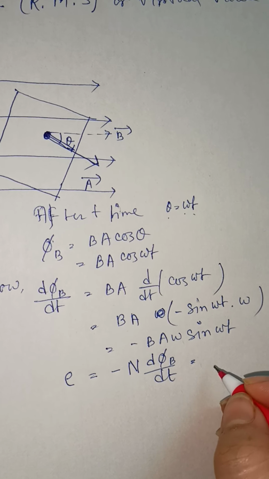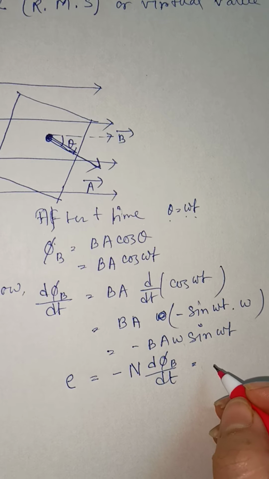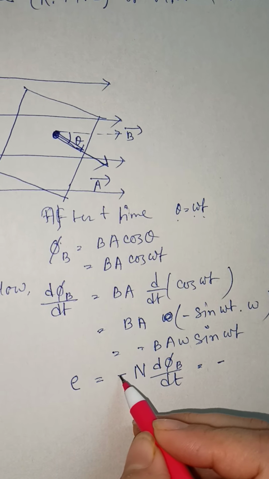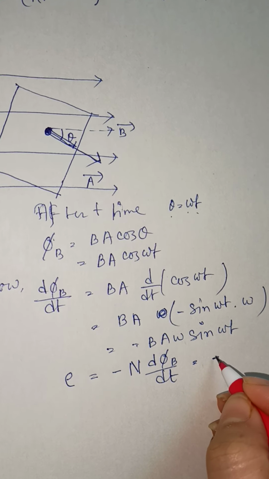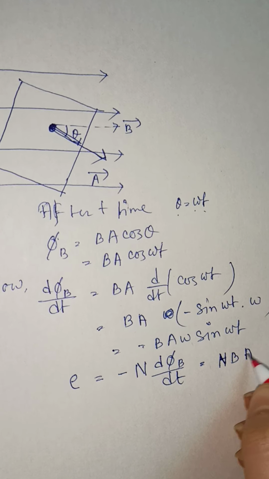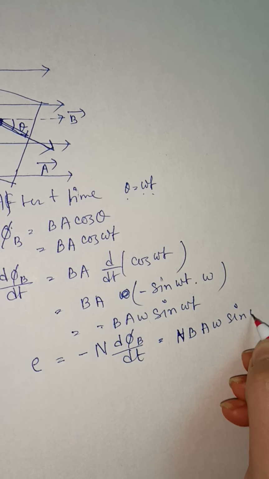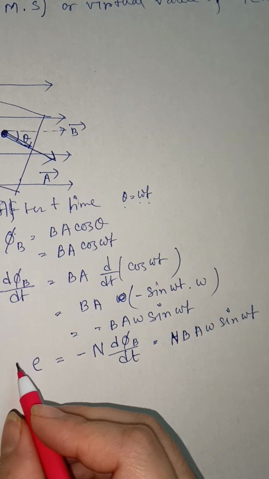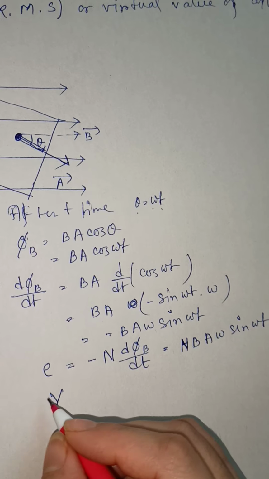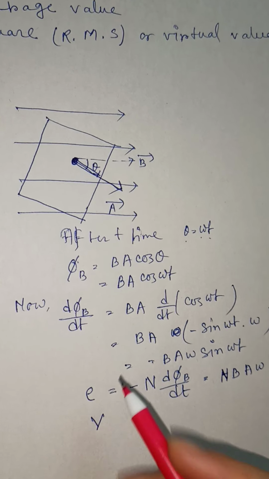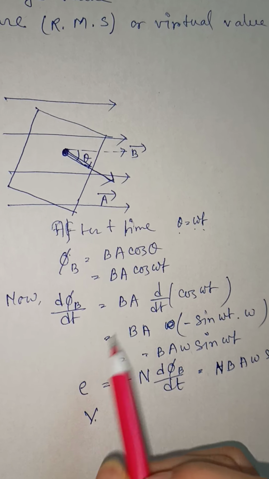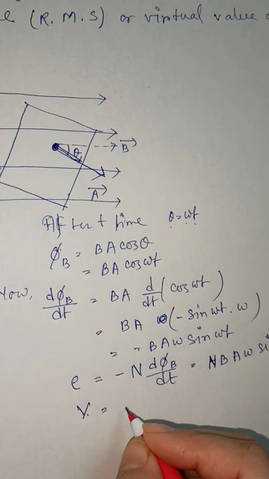So now, due to this flux change, this minus will be plus, so EMF equals B A omega sin omega t. We can also represent this induced EMF by potential. I am replacing this E by the symbol V. Both are induced potential, so this is the induced potential inside this loop.